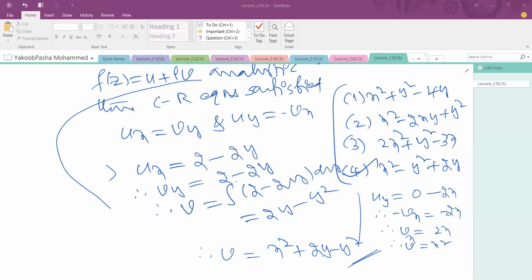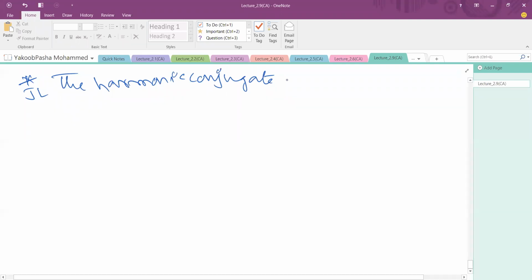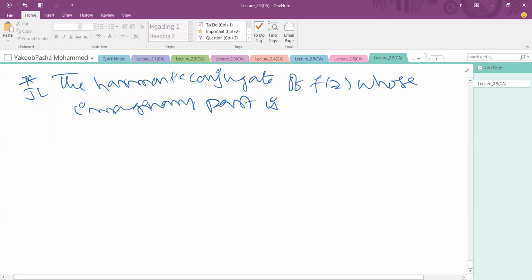And now I'm taking another problem from JAM. The harmonic conjugate of f of z whose imaginary part is v of x comma y is equal to 2xy plus y.